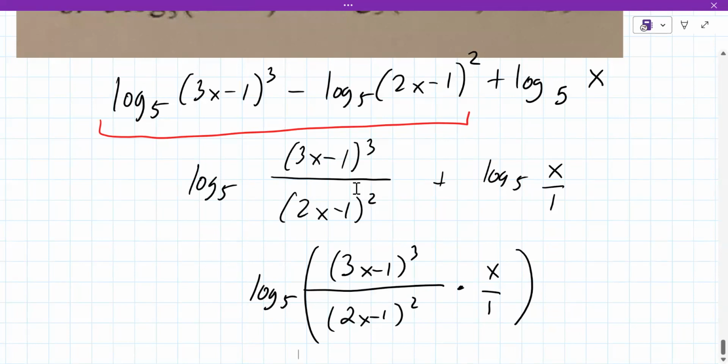And that's it. You can maybe put the x next to the parentheses here, but that's a minor thing. That makes sense.